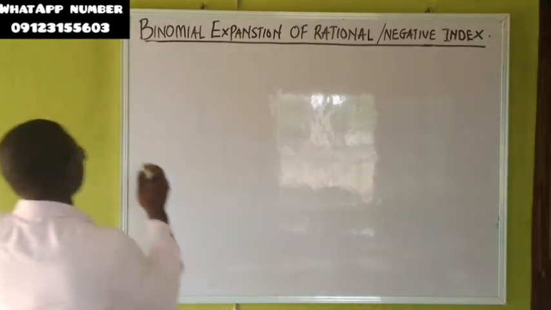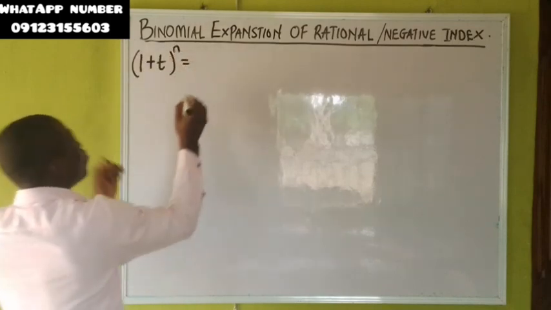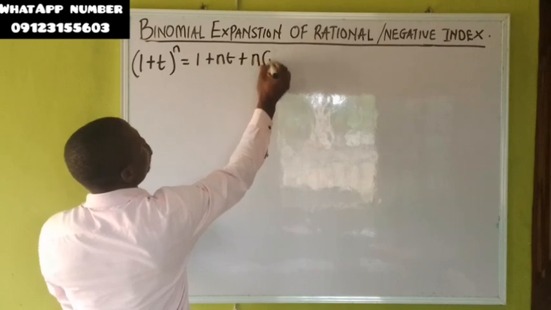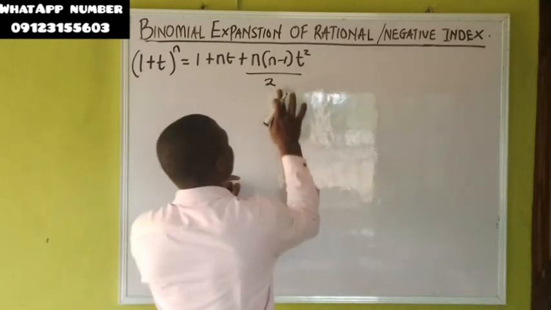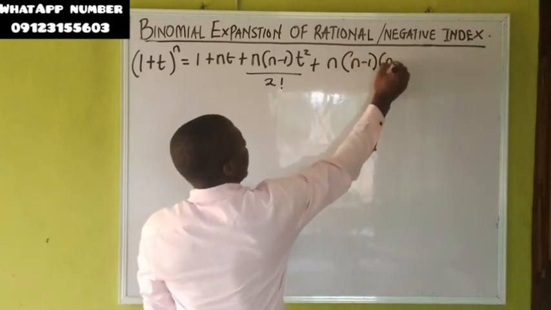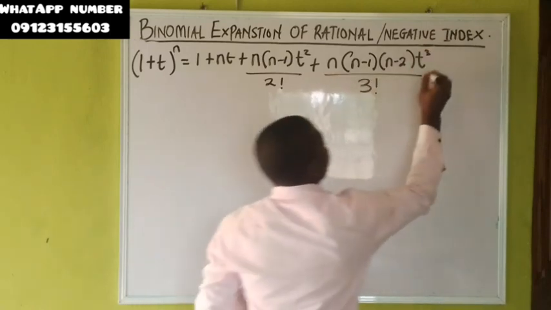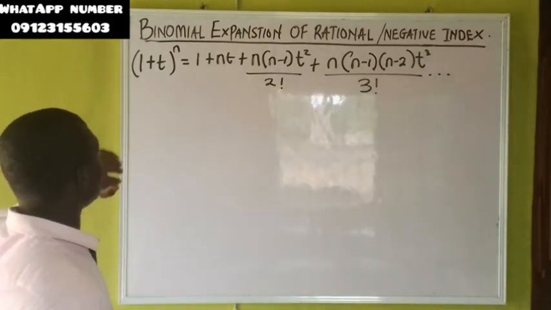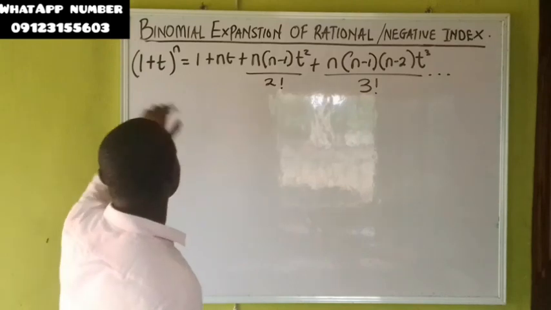It's given by: 1 plus t to the power of n is equal to 1 plus nt, plus n into n minus 1 t squared over 2 factorial, plus n into n minus 1 into n minus 2 t cubed over 3 factorial. It continues. This is for the positive.